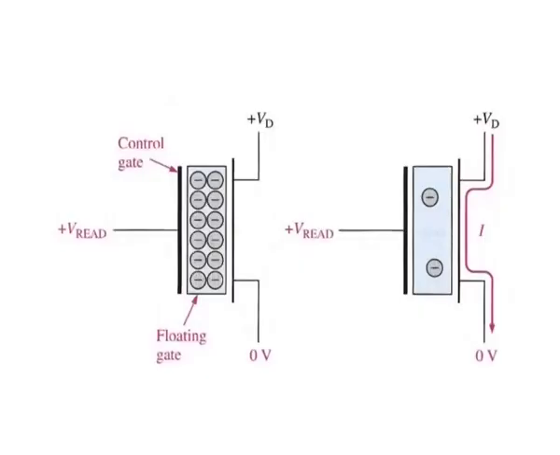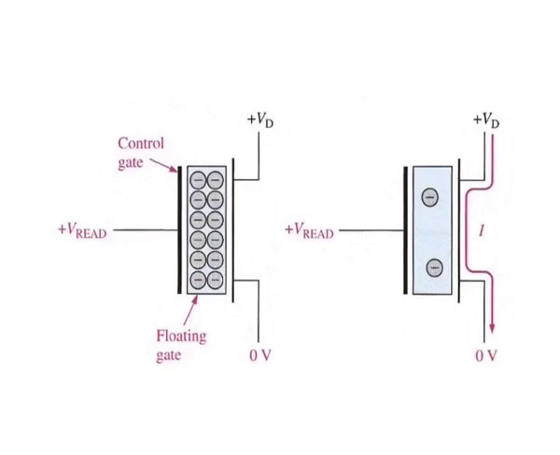Read operation. During a read operation, a positive voltage is applied to the control gate. The amount of charge present on the floating gate of a cell determines whether or not the voltage applied to the control gate will turn on the transistor. If a 1 is stored, the control gate voltage is sufficient to turn the transistor on.